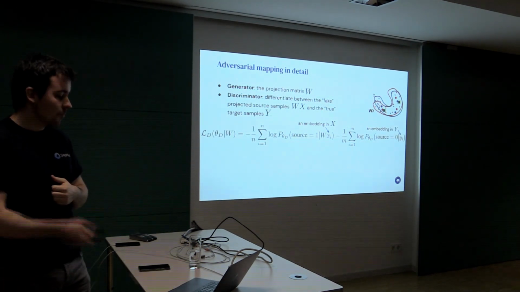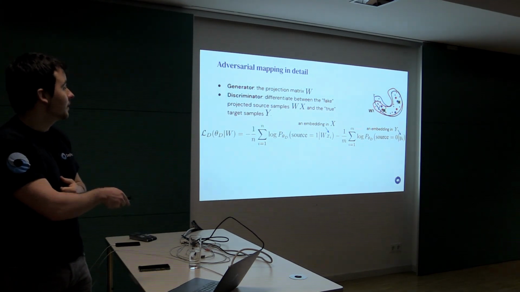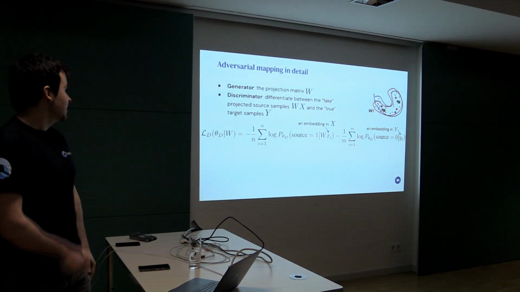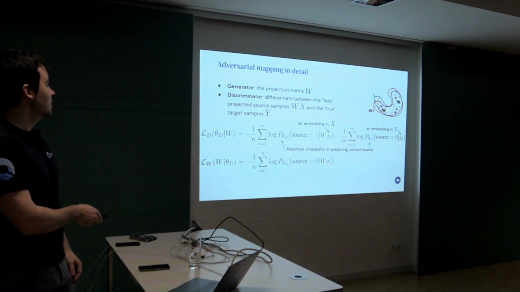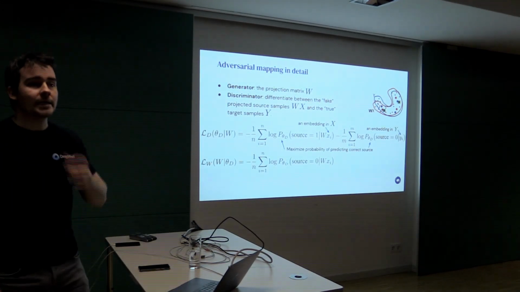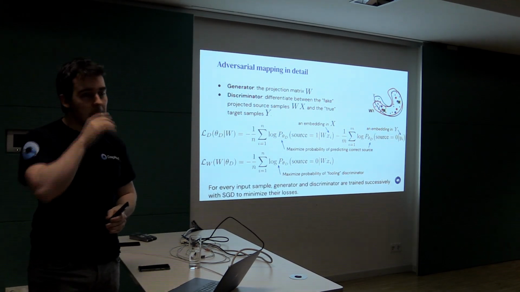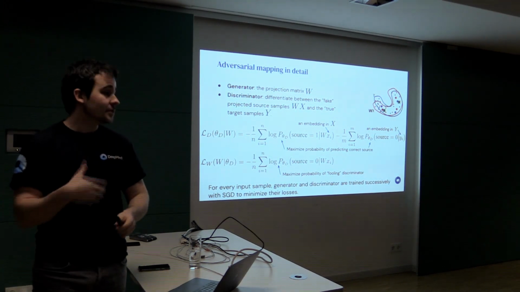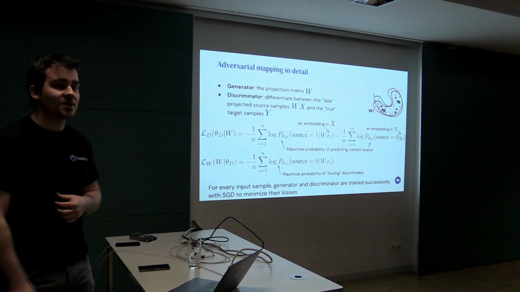We have one loss for the discriminator, where for both the projected embeddings and the original target embeddings, we try to classify them correctly, so that these are incorrect and these are correct. And for the generator, we have the other portion of the loss where we try to maximize the probability of the discriminator classifying them incorrectly. And people have, with similar tricks as in typical GAN training, tried to optimize these successively using stochastic gradient descent, with some success.